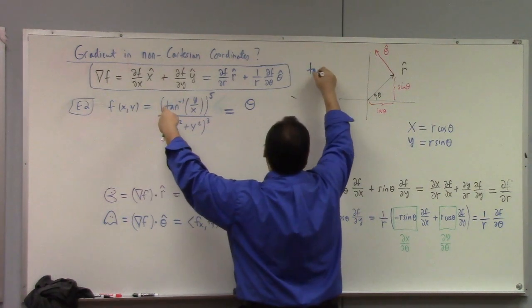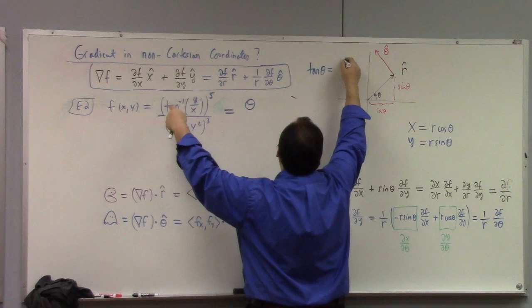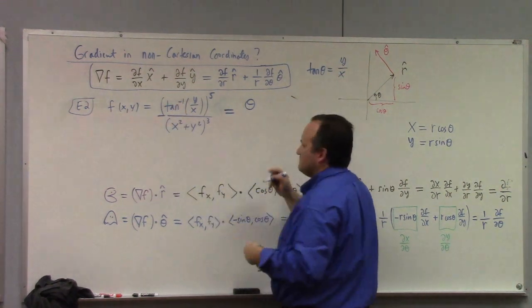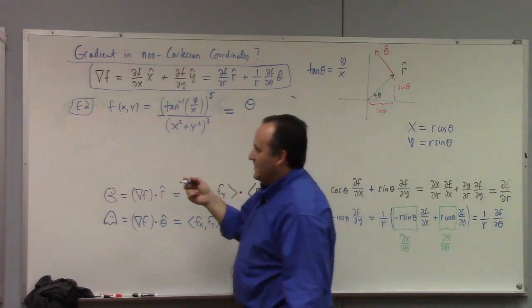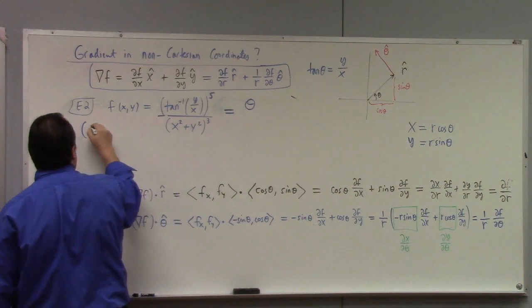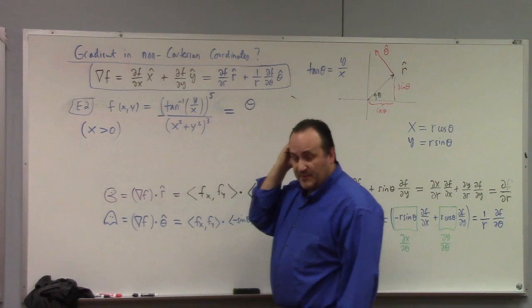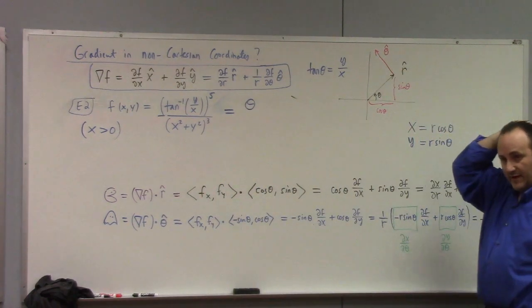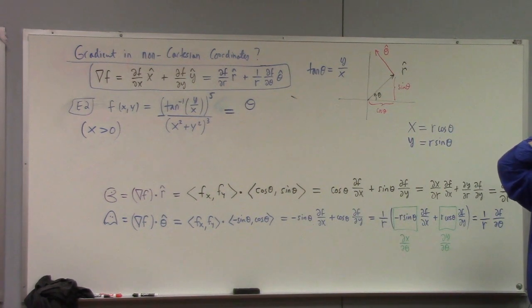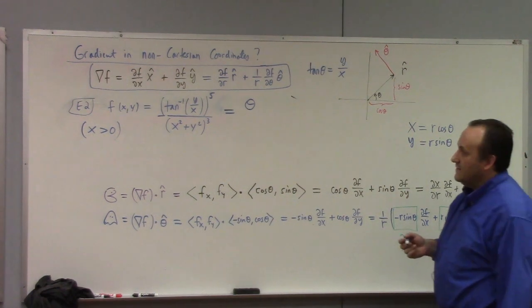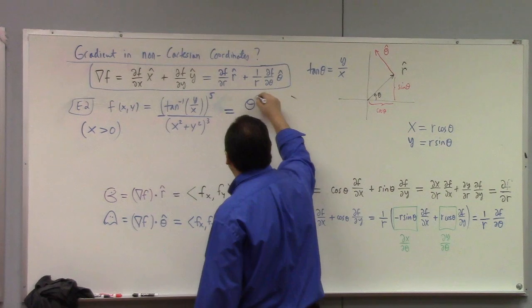Remember, tangent theta is y over x. Context, to make things simple, I'm going to assume x is positive. X being positive means that theta is just straight up inverse tangent of y over x, right? If I don't have that, then we have to quibble over how you define angle and stuff. But anyway, so theta to the power 5.